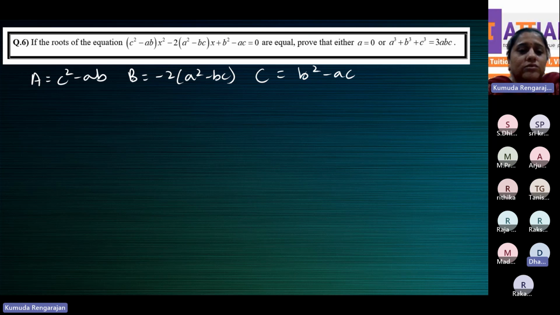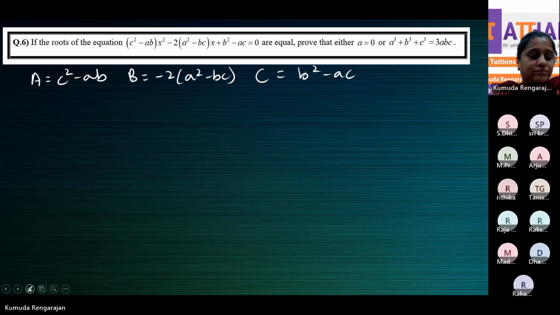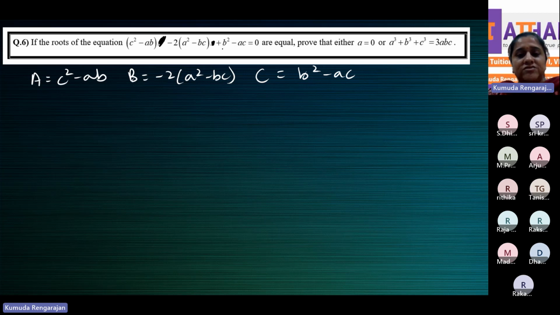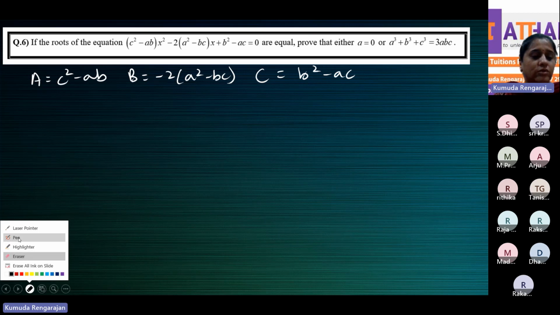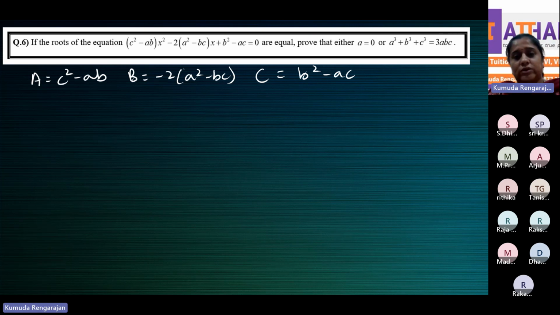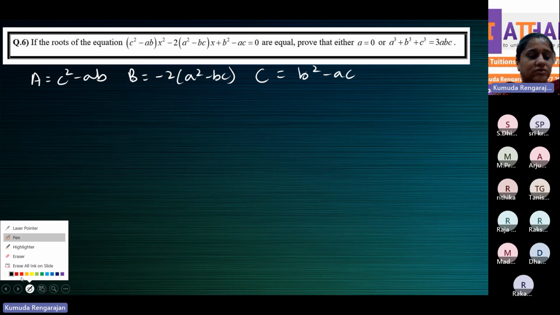A is equal to C square minus AB. B is minus 2 into A square minus BC. And the rest of it is C, B square minus AC. Now we are given that the roots are equal, so that means discriminant is equal to 0.